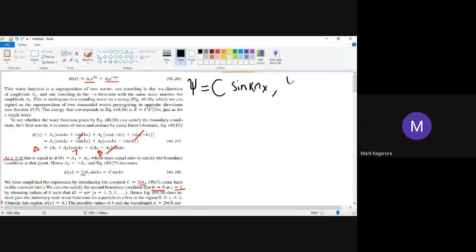And we know that phi is equal to 0 at x is equal to 0, x is equal to L. Some people say L, L, what? It's one of the interesting letters people pronounce.